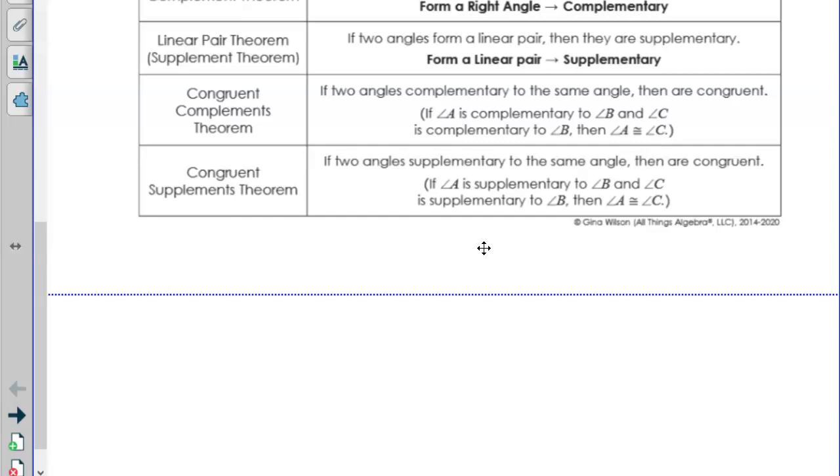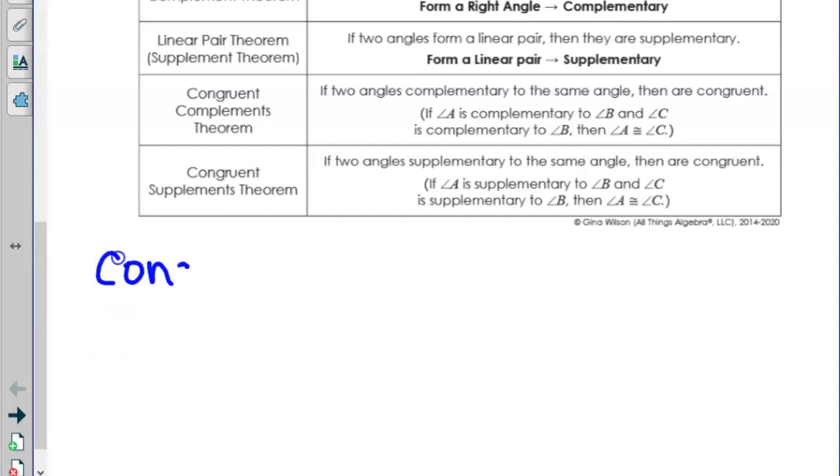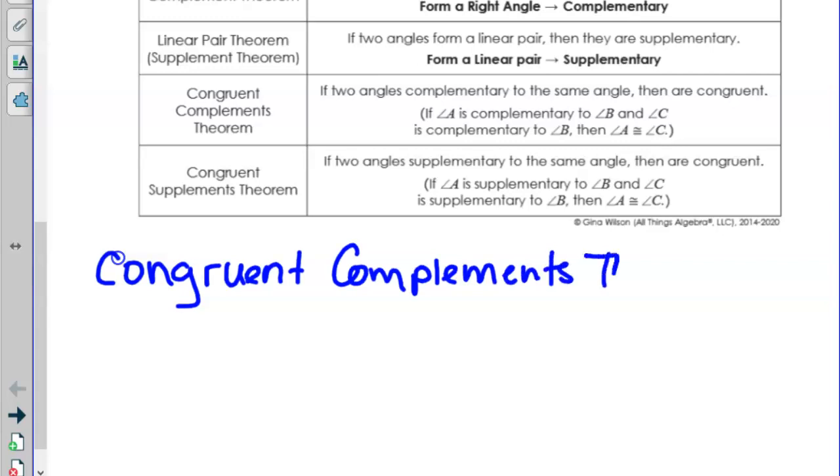So down below, I'll write congruent complement. An example.